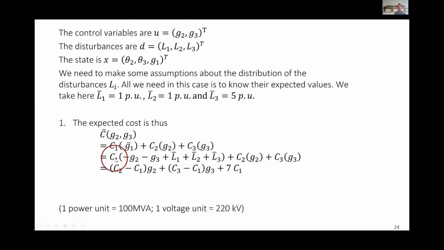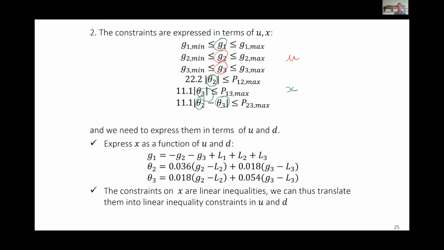So it will be C1 multiplied by the average here, which if I expand will give C2 minus C1 times G2, plus C3 minus C1 times G3, plus 7 C1. This is a constant term. We don't care about it to find the optimal set points. So we have now obtained the average cost as a linear function of G2 and G3. This was our major step to achieve.